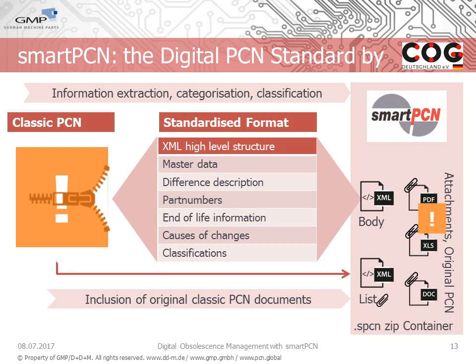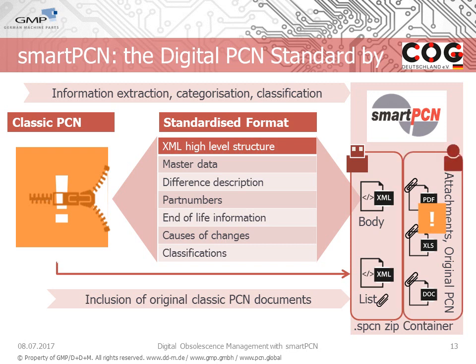Everything is stored within one single zip file. Now we have inside the smartPCN files for processing via machines and files intended for humans with all written information for experts and engineers. So we have in one single file digitally processable information and documents for humans included.